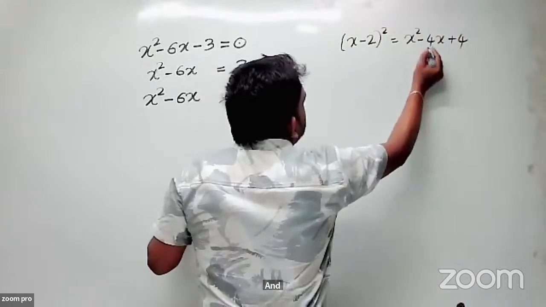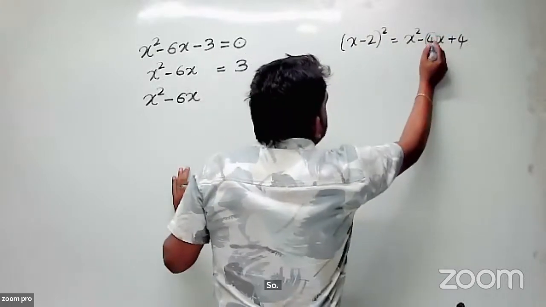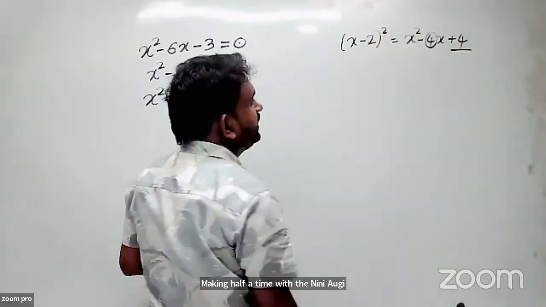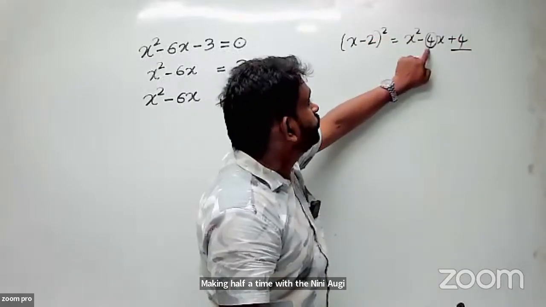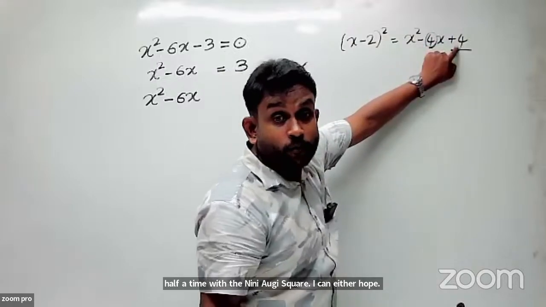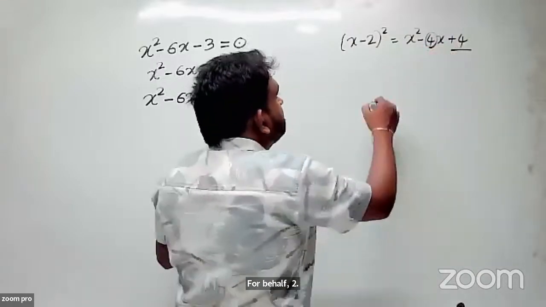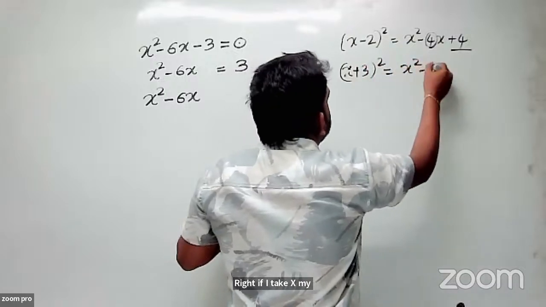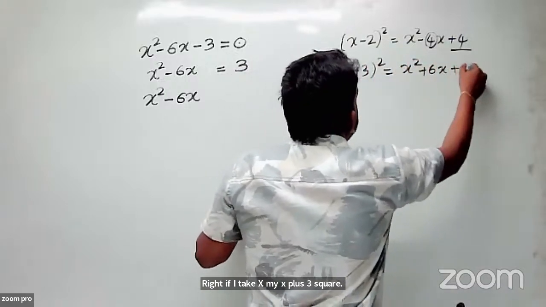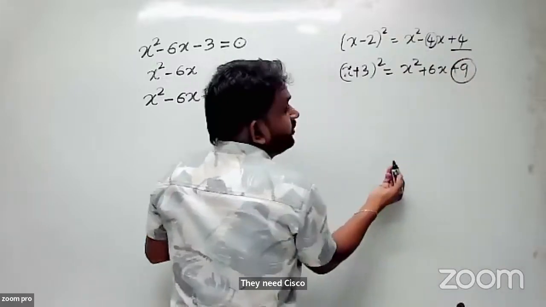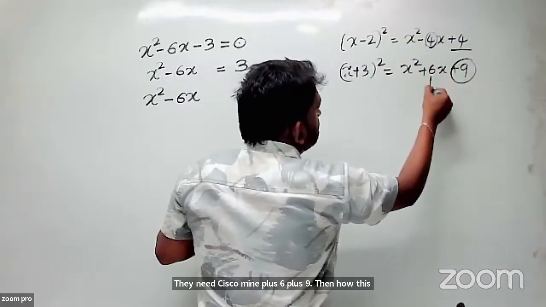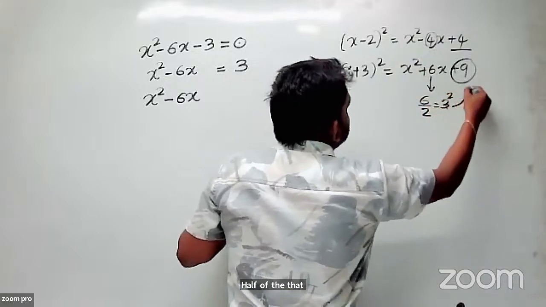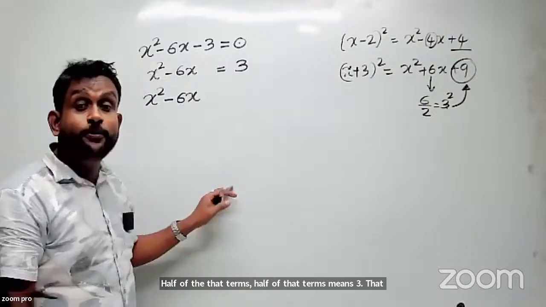So this coefficient half, make it half එක තමයි මෙතන ඉන්නේ. එයාගේ square එක නේද මෙතන add වෙලා තියෙන්නේ 4. 4 ගේ half 2, that square is 4. Right. If I take x plus 3 squared, then x squared plus 6x plus 9, then how is this constant created? Half of that term means 3, that square is 9. That is how it came.